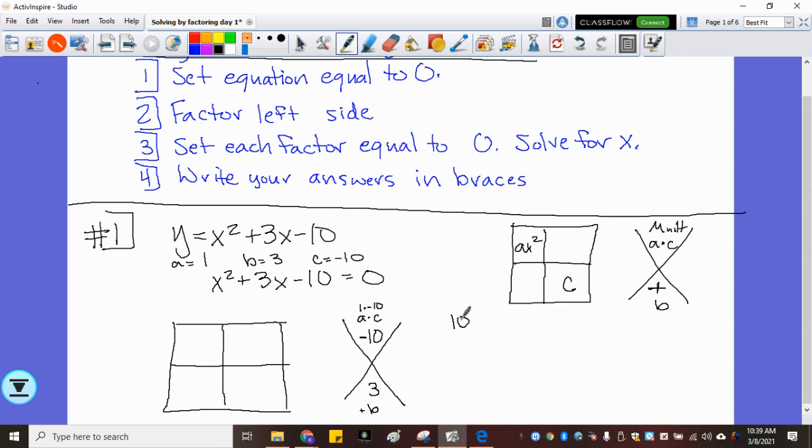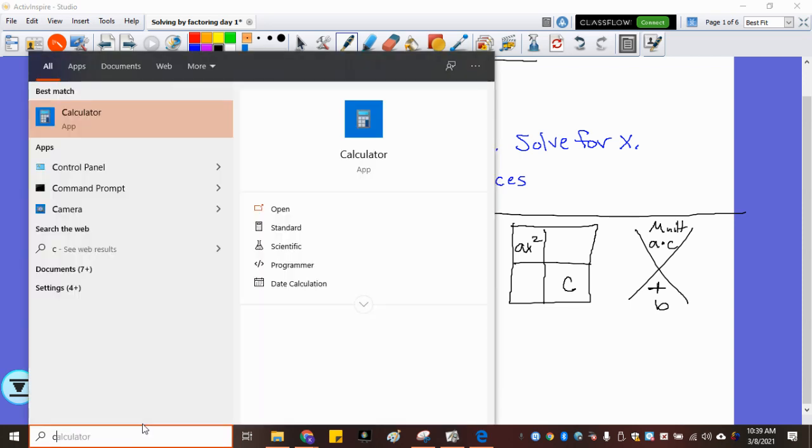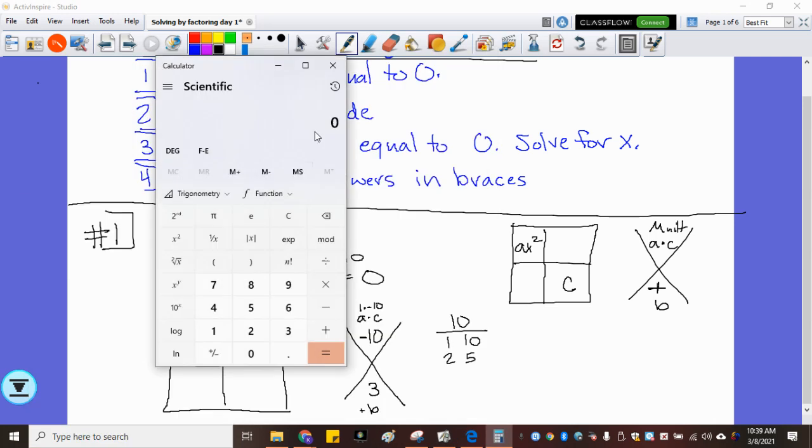So you list all your factors of 10: 1 and 10, 2 and 5. And if you don't know, it's a good thing to practice anyway.